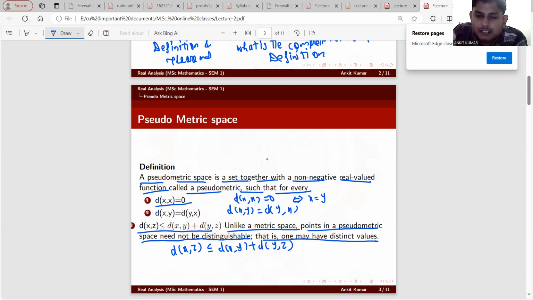So, unlike a metric space, points in a pseudo-metric space need not be distinguishable, meaning there are many points which are not distinguishable. That is, one may have distinct points with zero distance.